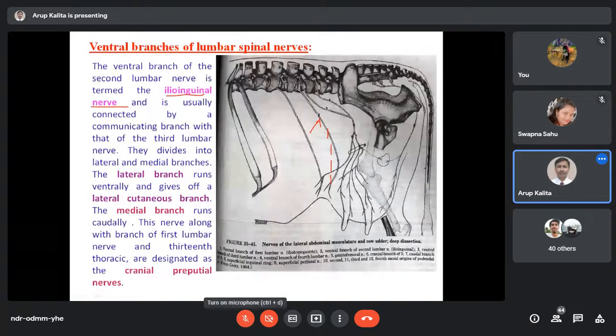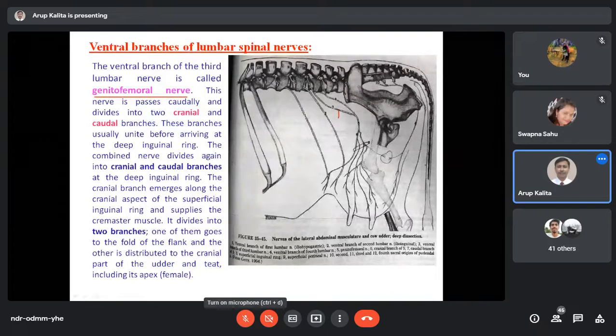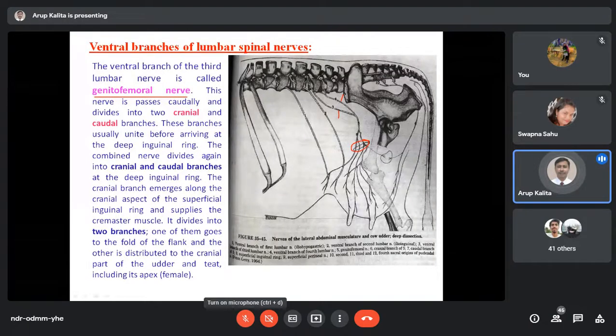The third one is known as the genitofemoral nerve. This genitofemoral nerve joins one part with the fourth lumbar nerve and goes up to the superficial inguinal ring. It will supply the ventral part of the abdomen, and it will also supply the mammary gland.